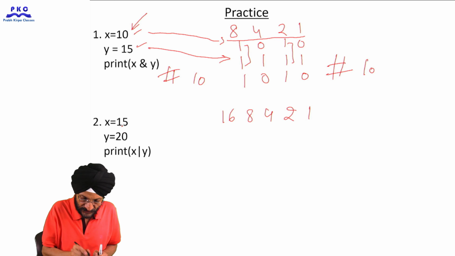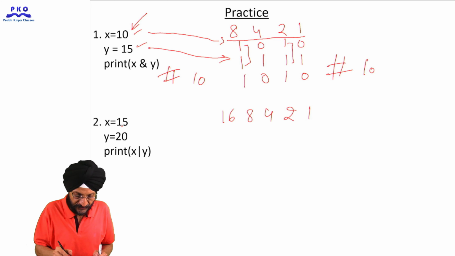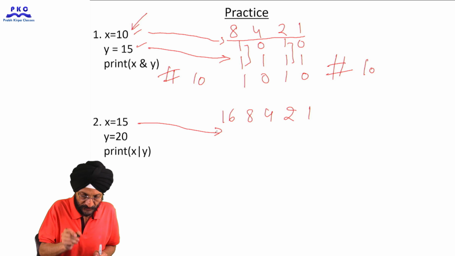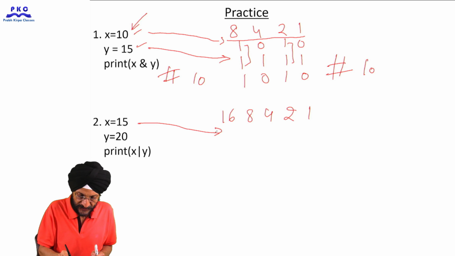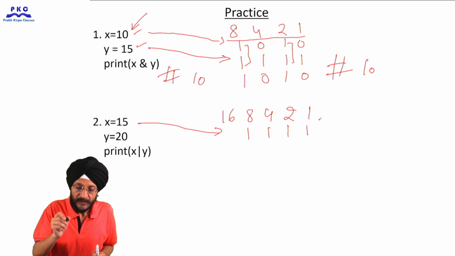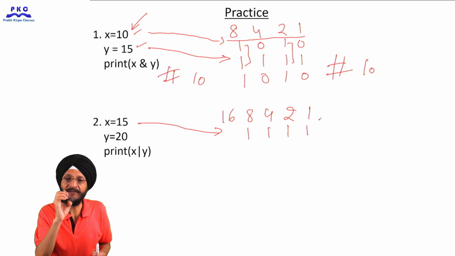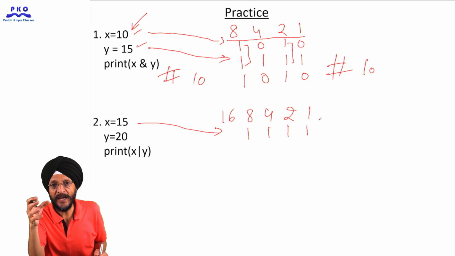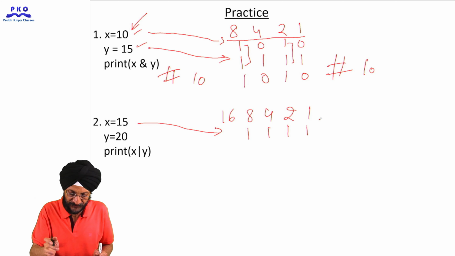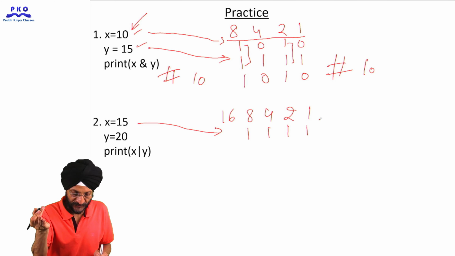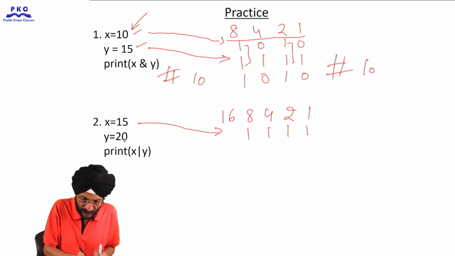So how can we convert 15 into a binary number? 8 plus 4 plus 2 plus 1. 8, 4, 2, 1. We will write 1 below those figures which we will actually be using. We will be adding those figures to arrive at 15. How can we get 20?